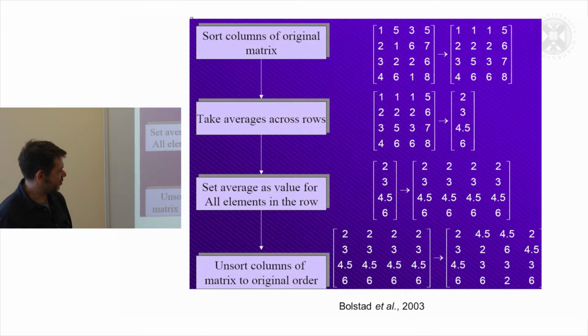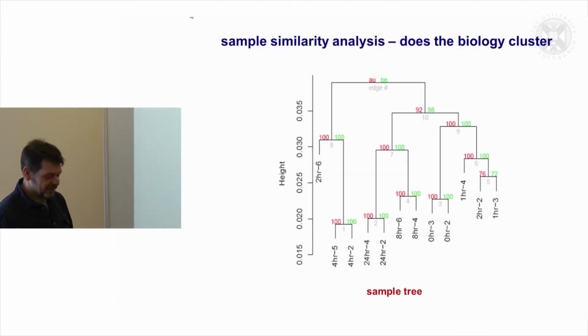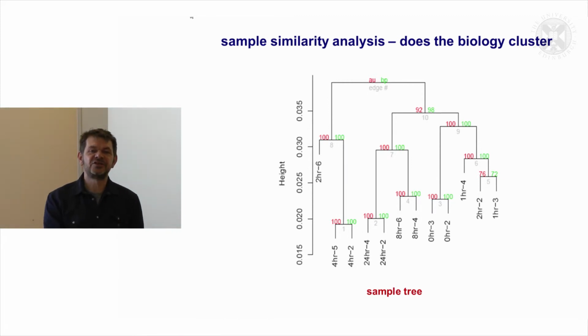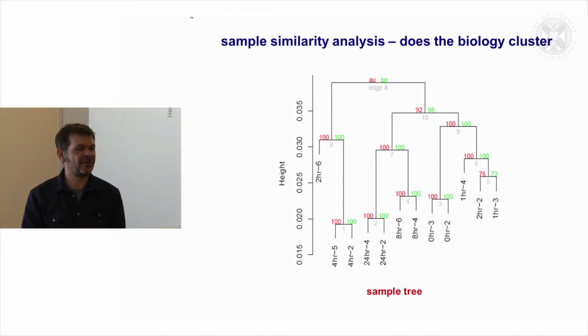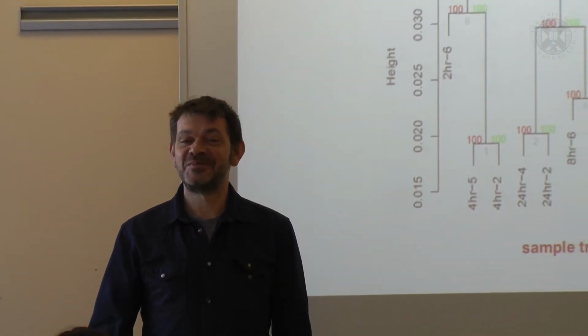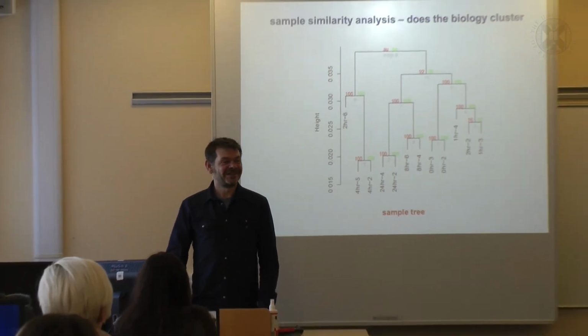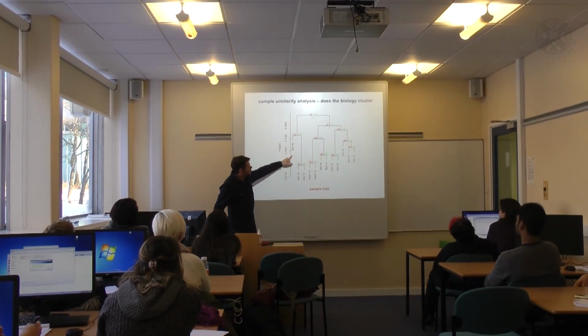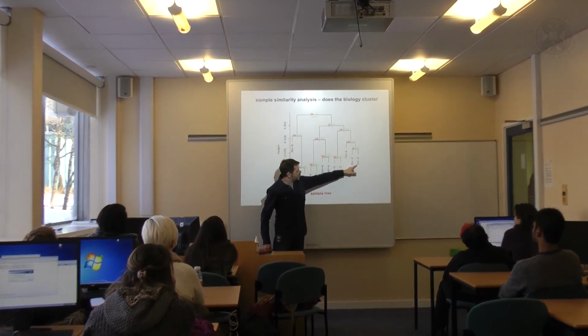So I won't go into how normalization works. The first thing, the sanity check of any experiment, is: do your biological samples cluster? Can anyone spot an outlier on that particular sample tree? Your first test of the morning. 2 hours 6. Very good. 2 hours 6, this guy here. So you've got a small grouping here of 1 hour, 1 hour, 2 hours.